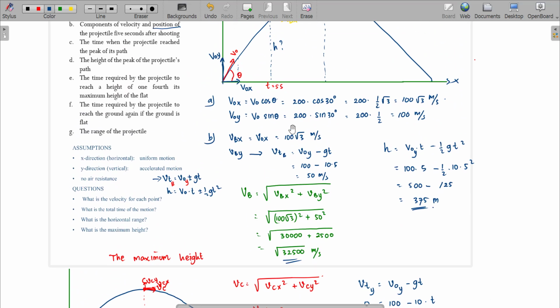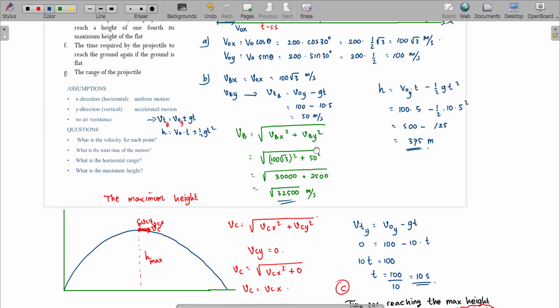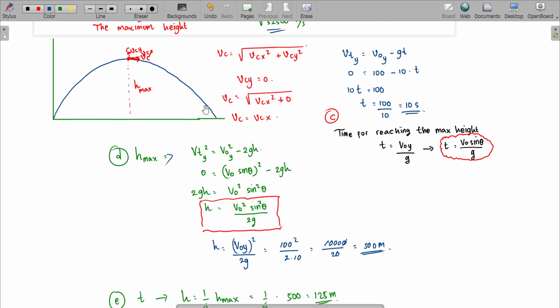Next, continue. Point F, the time required by the projectile to reach the ground again if the ground is flat. So for point F, you are asked to find the total time from the very first time the projectile was shot until the projectile reached the ground again.